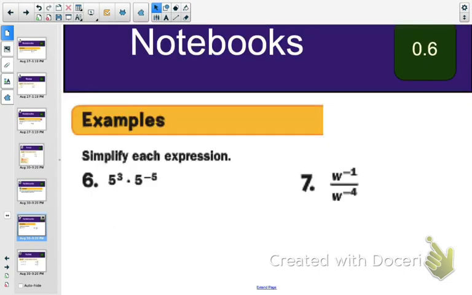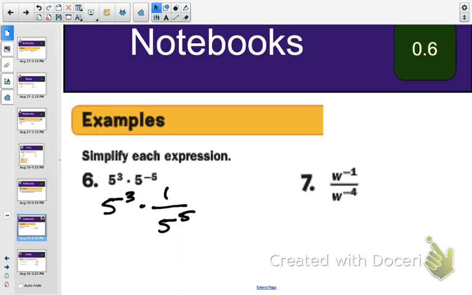Alrighty. Okay, these ones, you can do this a couple ways. We can change each of them separately, like this. Well, the 5 to the 3rd is going to stay the same. And then 5 to the -5, we can write as 1 over 5 to the 5, like so.